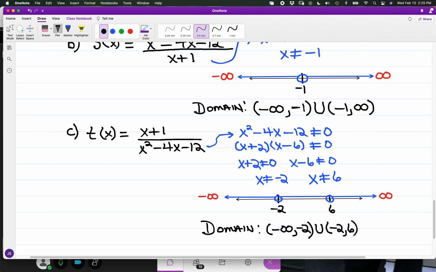Having danced around negative 2, now it's going to be dancing around 6, so you have less than 6. And for the final stretch, we have those values of x greater than 6, indicated by the parentheses around 6 and infinity. So again, in interval notation, this is what we will have for the domain.